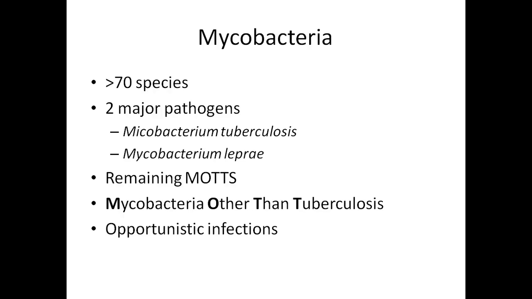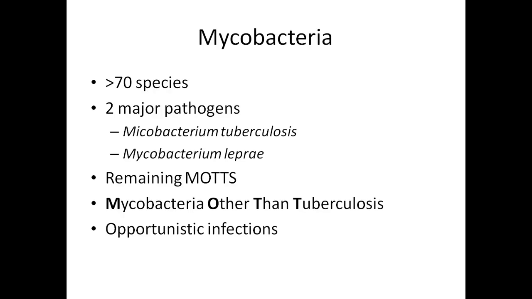Mycobacteria, it's their own category. It's this kind of in part because they have a thick, waxy cell wall membrane. It's not a spore, but it does protect the organism. And there's over 70 species of mycobacteria. The two major ones are Mycobacterium tuberculosis and Mycobacterium leprae that causes leprosy.